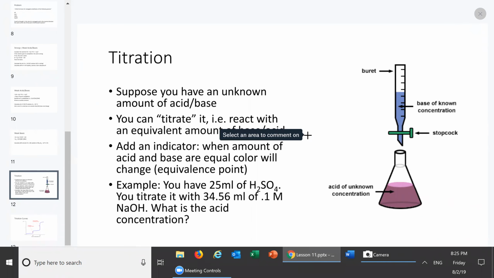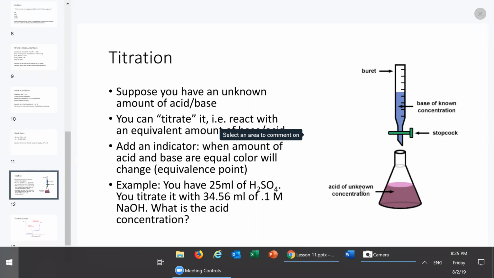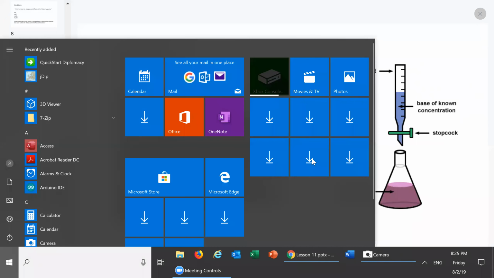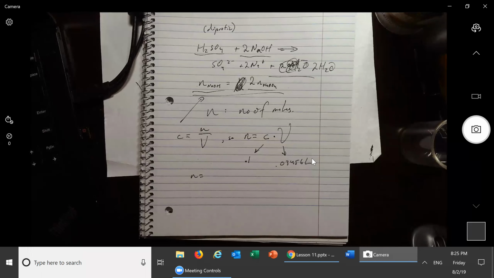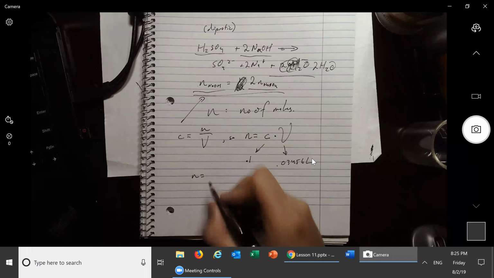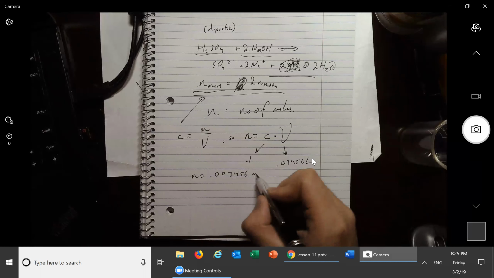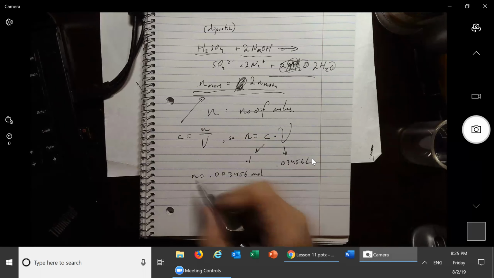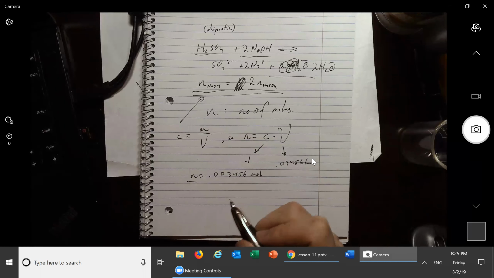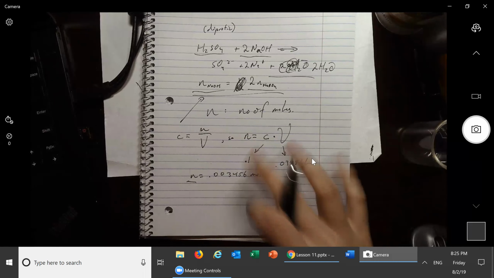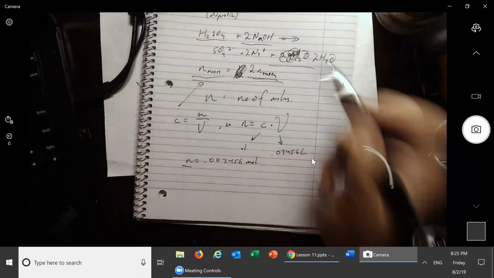And the volume is also given. The volume is 0.03456 liters. So we can find N equals 0.003456 mole. This is how much NaOH we have, but we want to find how much H2SO4 we have.